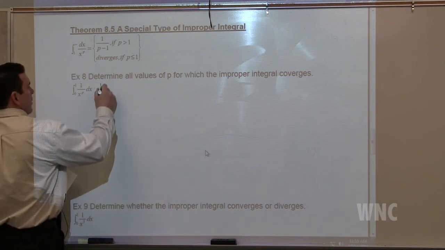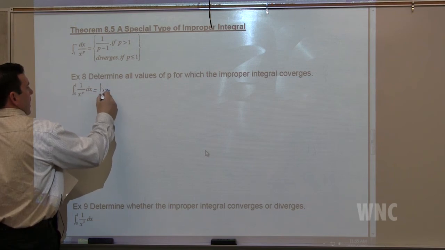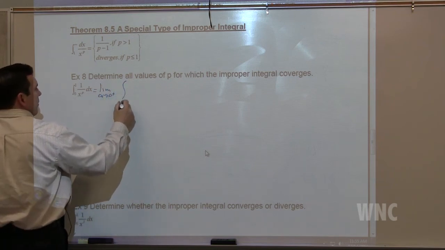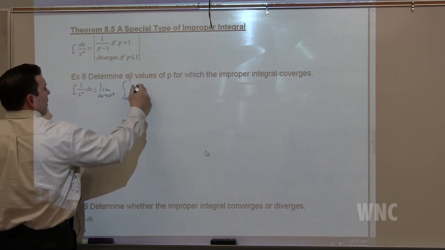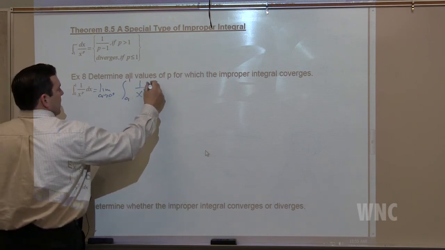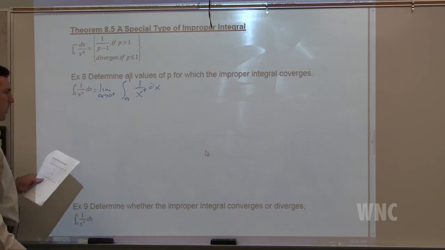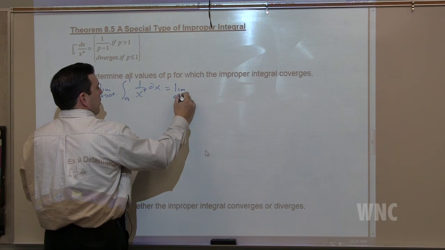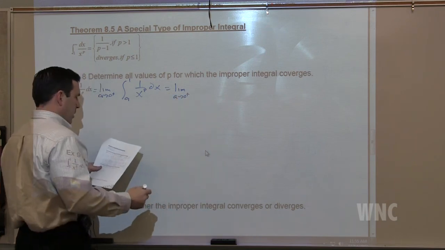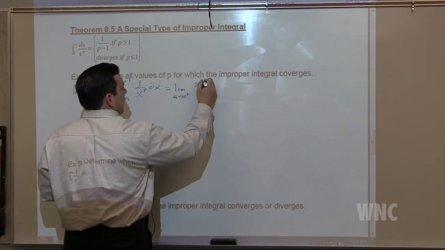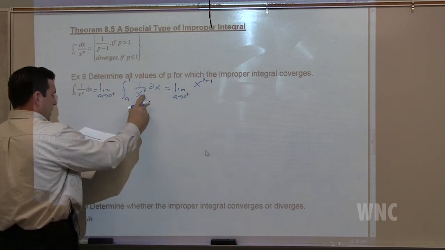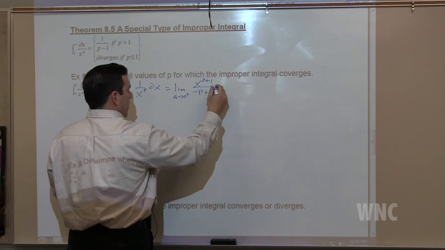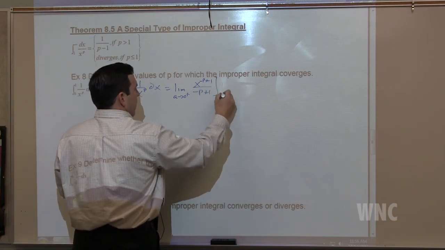So we'll take the limit as a approaches 0 from the right side of the integral from a to 1 of 1 over x to the p dx. When we integrate that, we'll have the limit as a approaches 0 from the right side of x to the negative p plus 1, because think of this as x to the negative p plus 1 over negative p plus 1, from a to 1.